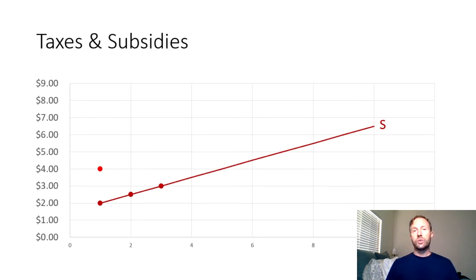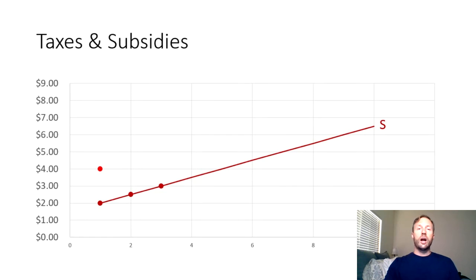So what cost you $2 to produce is now really costing you $4 once that $2 tax is implemented. So now the lowest price you would accept to produce that first unit is going to be $4, $2 more than the original cost of production.